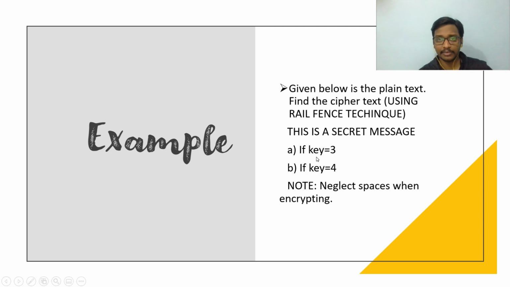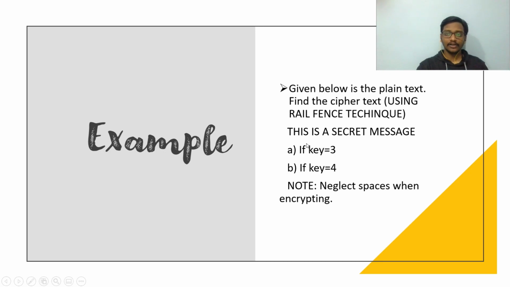The key plays a major role in the encryption process, and based on this key we divide the number of rows for the encryption process. A note is also given: neglect spaces when encrypting. What does this mean? The spaces between these words should be neglected, meaning we group all these words into one group of characters.